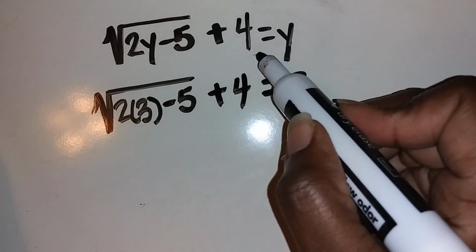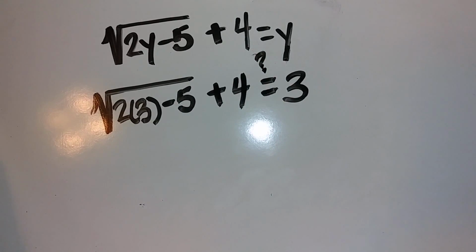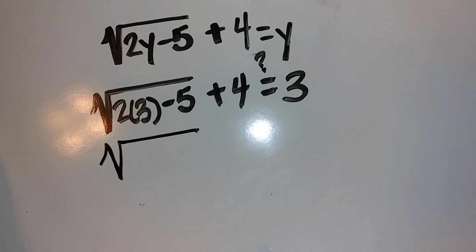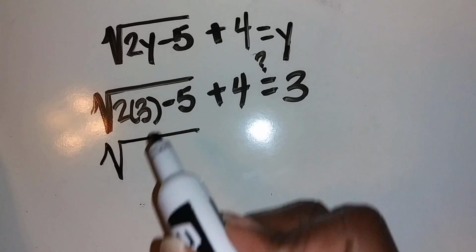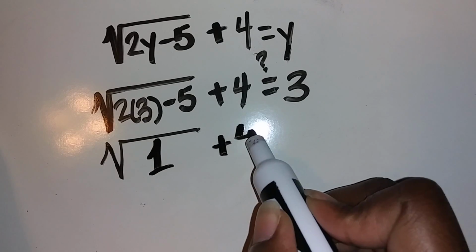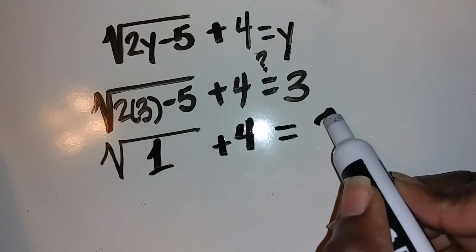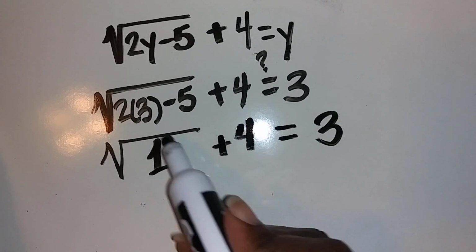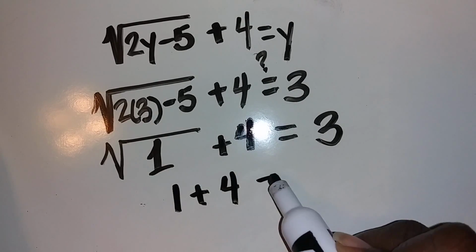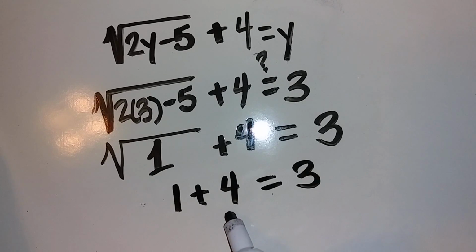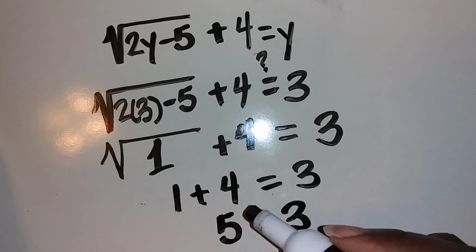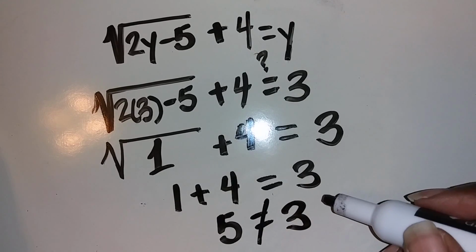And I want to see, does the left side equal the right side? I know that 2 times 3 is 6. And 6 minus 5 is 1. And then bring down that plus 4. And we're assuming that it equals 3. The square root of 1 is 1, plus 4 equals 5. Does 5 equal 3? No, it does not.